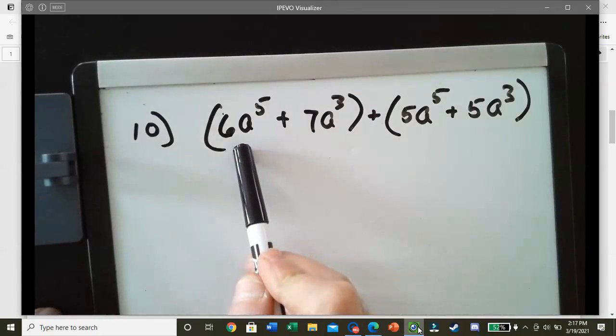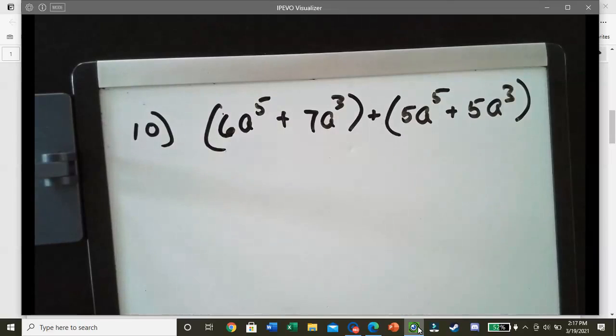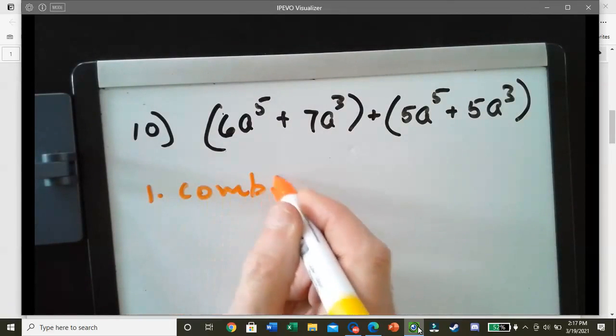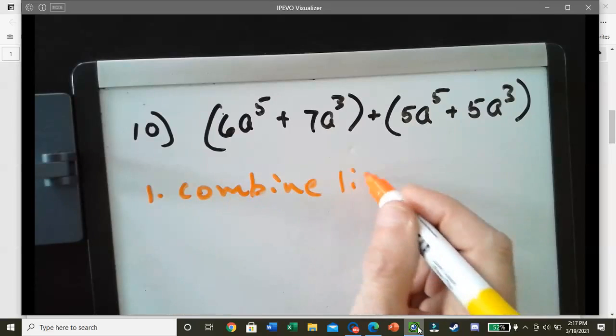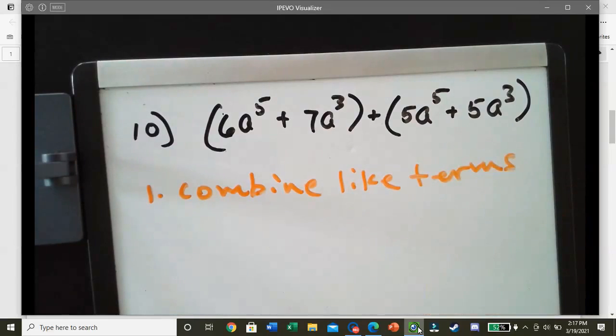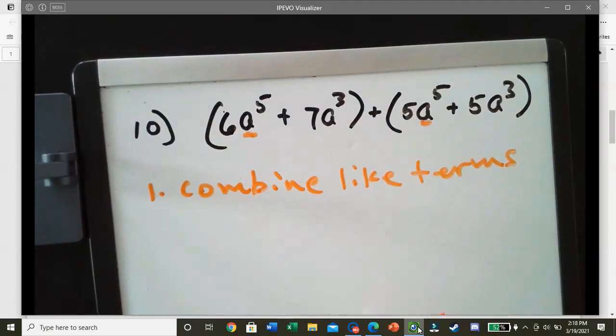So first thing we do is we use the variables to combine like terms. Step 1, combine like terms. Okay, so we do that by looking to see which terms match. We can combine an a to the 5th with what? Another a to the 5th, right?